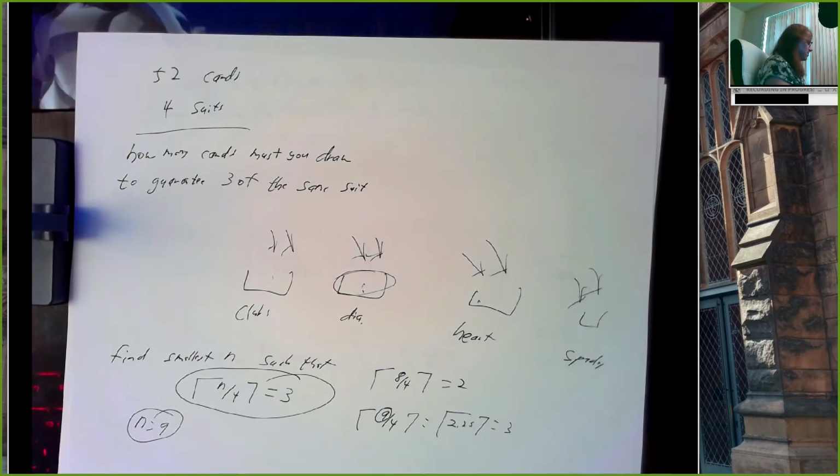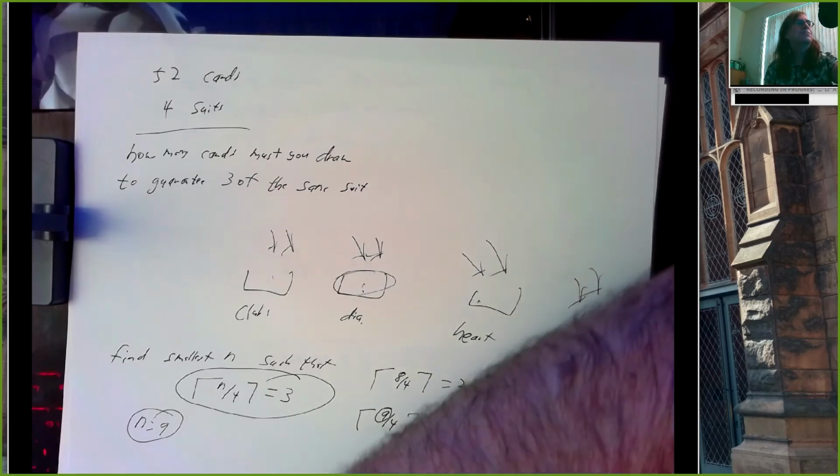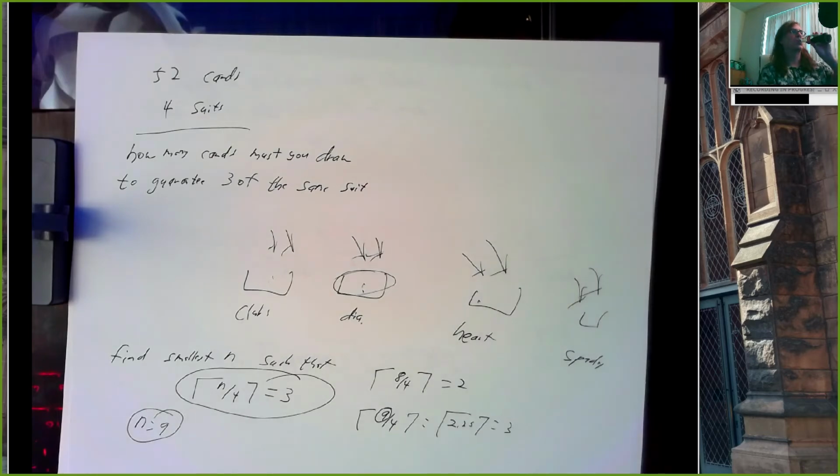But I think you're addressing if you wanted a particular suit, right? Like you want diamonds, those could all be at the very bottom of the deck. In your first 39 cards, you wouldn't even have a single diamond yet. But that's a different question. So this is just looking for 3 that are the same as each other, without regard to whether that's clubs or diamonds or something else.